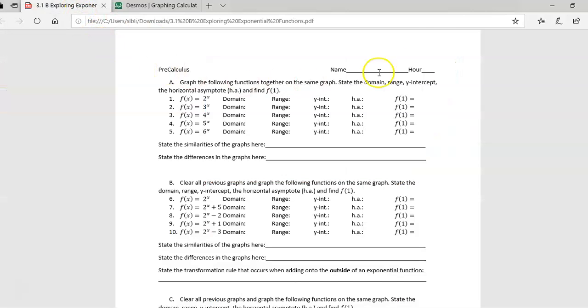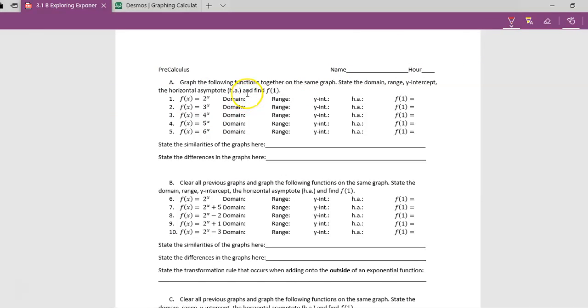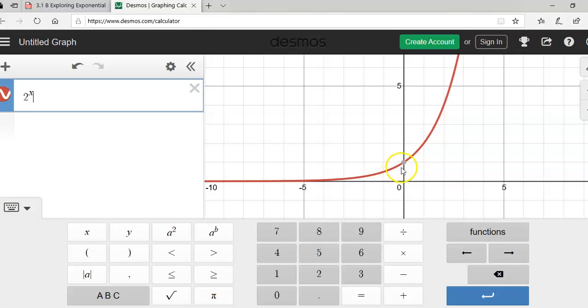So let's go back to our worksheet and put that on there. Our domain, remember domain is x values, goes side to side, is negative infinity to infinity. The range is 0 to infinity. And the y-intercept, let's see where it crosses the y-axis. That's right here at (0, 1).